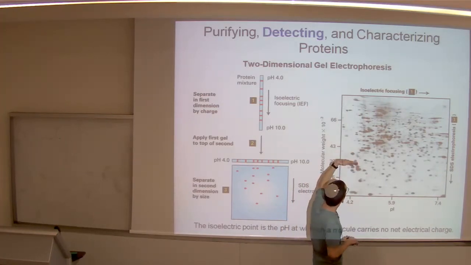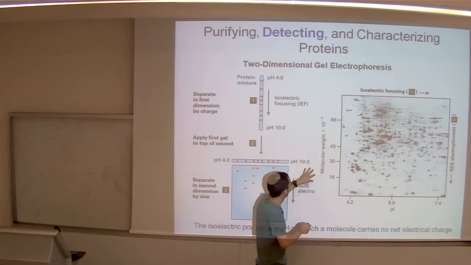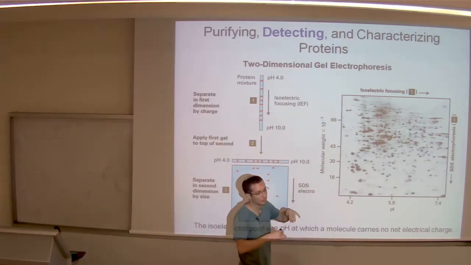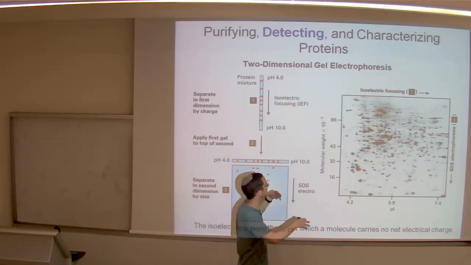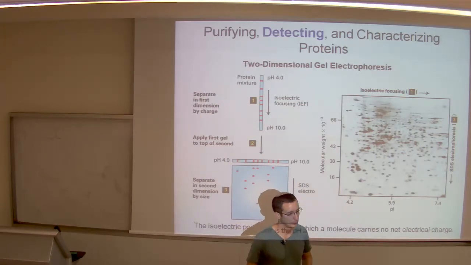For instance, if we would only use the isoelectric focusing, the proteins having the same molecular weight would not be separated, and vice versa if we only use the molecular weight separation by electrophoresis. Only when we use the two together do we get separation between some of the dots here.